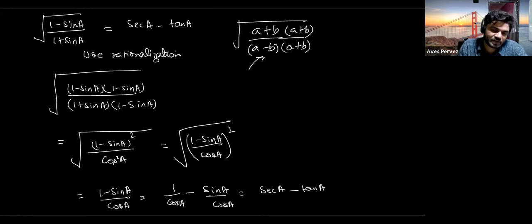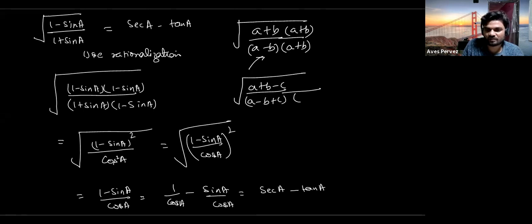If we have two terms, like a plus b upon a minus b under the root, we usually do rationalization, and whatever sign is given in the denominator, we generally multiply with the opposite sign. Similarly, if there are three terms like a plus b minus c upon a minus b plus c, what is in the third term we generally multiply with the opposite sign, so we write a minus b minus c.